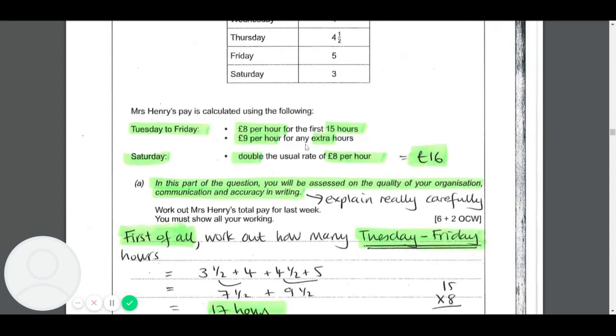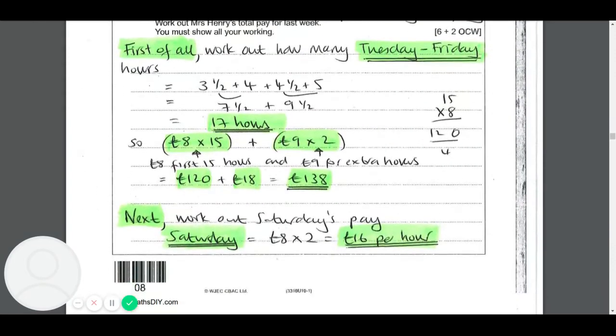So the first 15 hours is going to be £8 per hour. And then the extra 2 hours are going to be at £9 per hour. So if you work out 8 times 15, 9 times 2, 120 and 18, just work it out little by little. And just show units, pound signs, hours, that sort of thing is really useful for these OCW questions.